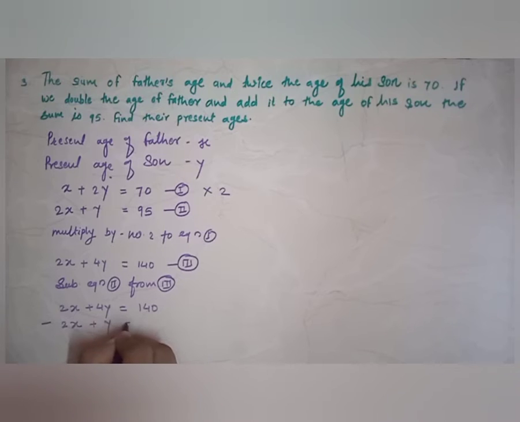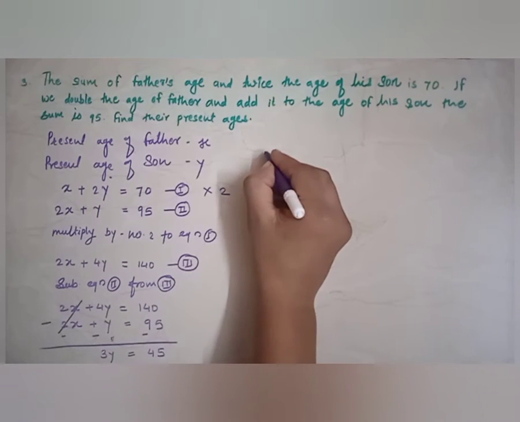Subtraction is here, so the signs change. Plus and minus cancel. Then 4y minus y is 3y. 140 minus 95 is 45. So 3y is equal to 45.